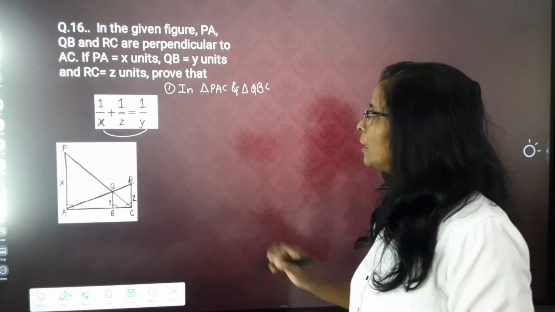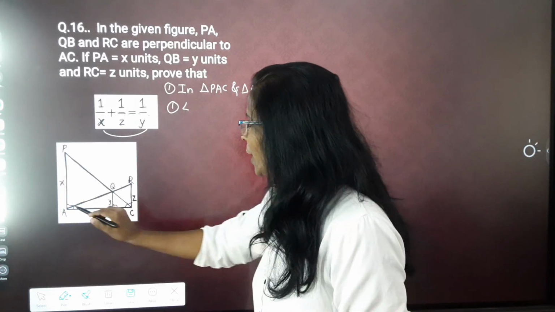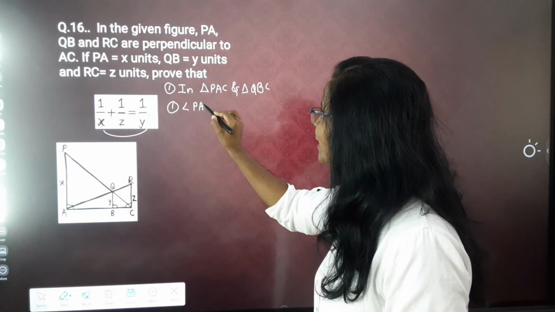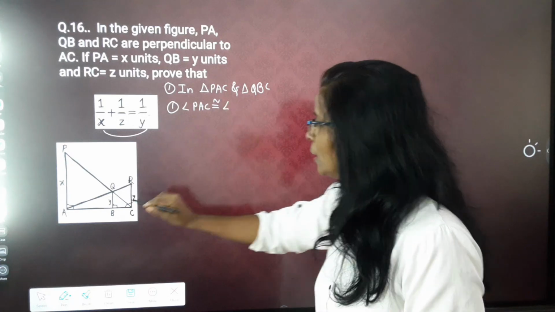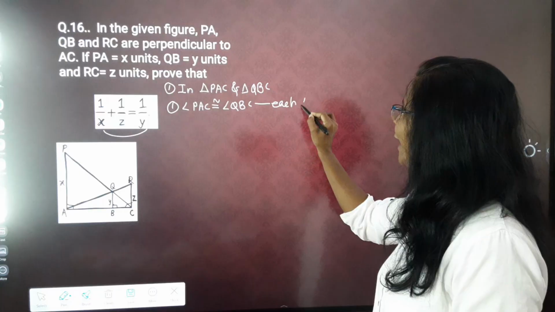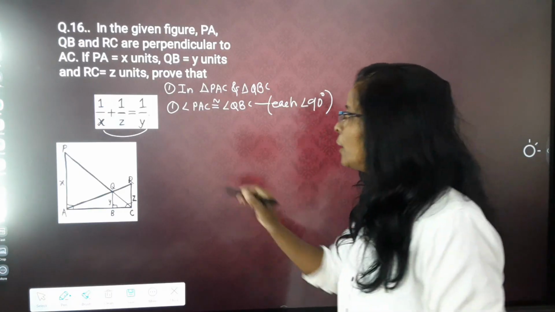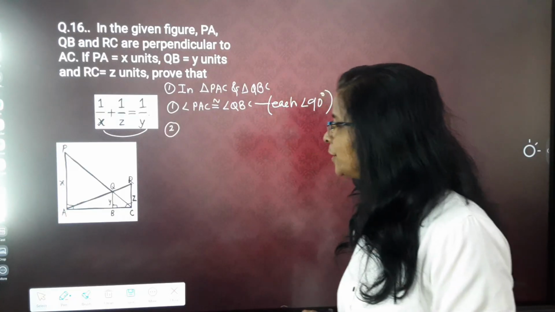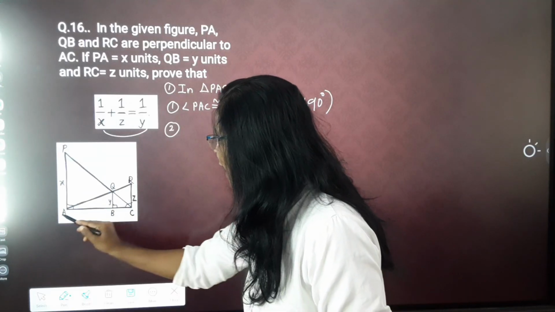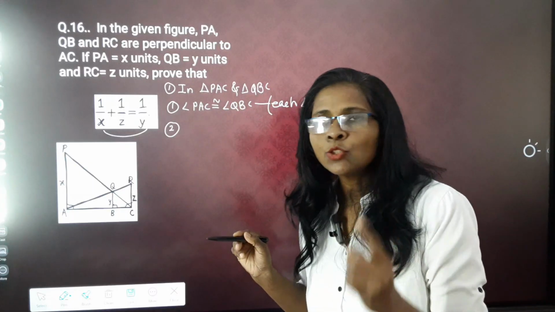Now in these two triangles I can see that the two angles are 90 degrees, so they are congruent. So angle PAC is congruent to angle QBC, because each angle is 90 degrees. Now the second one: angle PCA and angle QCB. The angle C is common here, students.